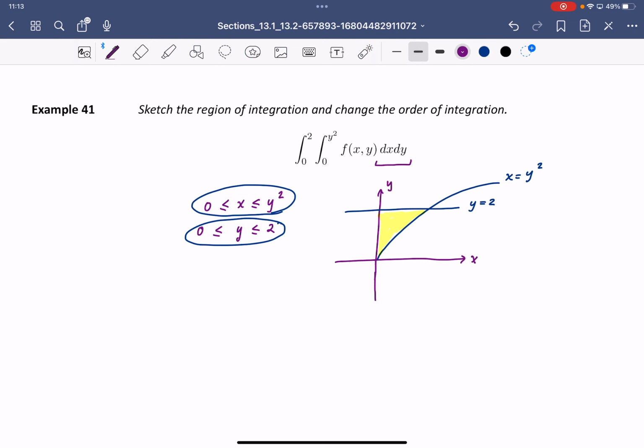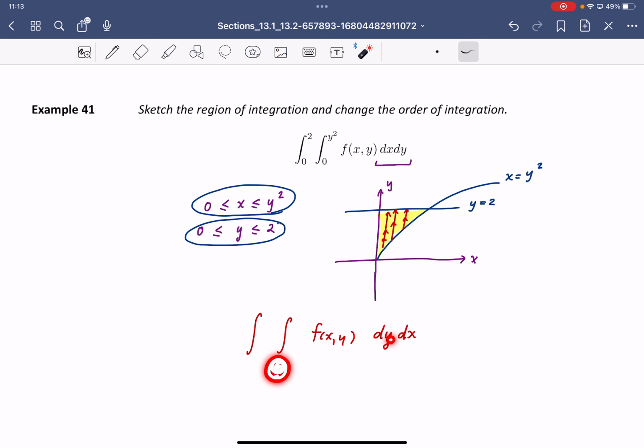Now it's time to switch to integrate f(x,y) dy dx. What would you do? You now cut vertically. So it means now your bottom curve is gonna be this one, right? The top curve is gonna be this one. So what is going to be the bottom curve here?